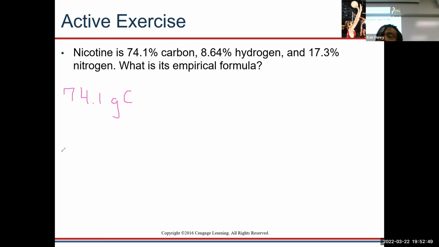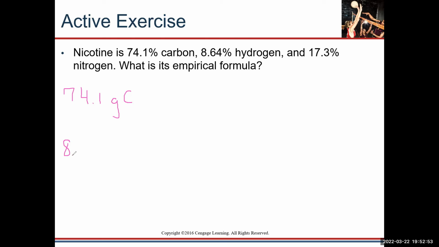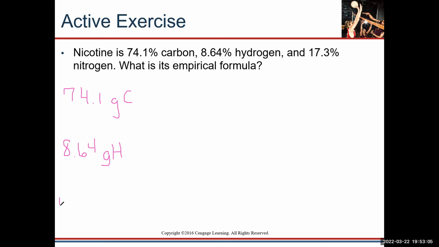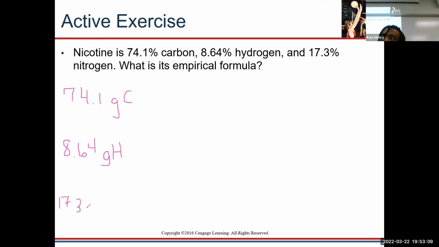How much of it is going to be hydrogen? 8.64 is going to be hydrogen. And then how much of it is going to be nitrogen? 17.3 grams.